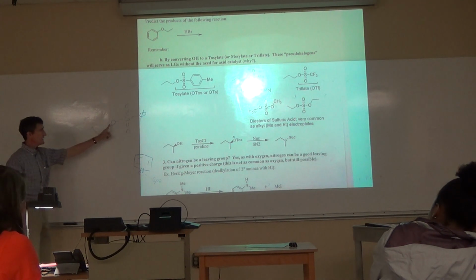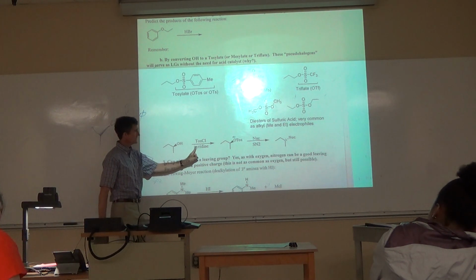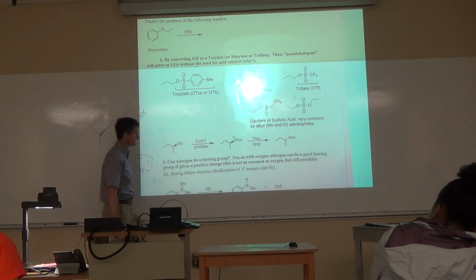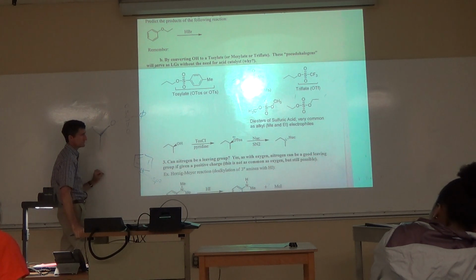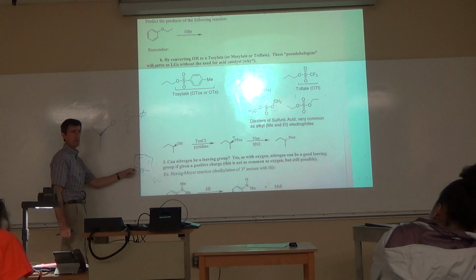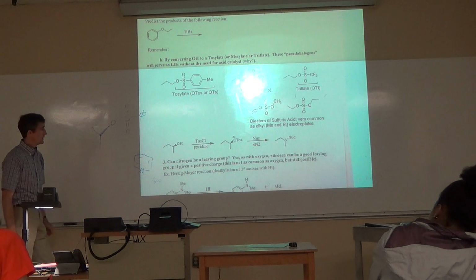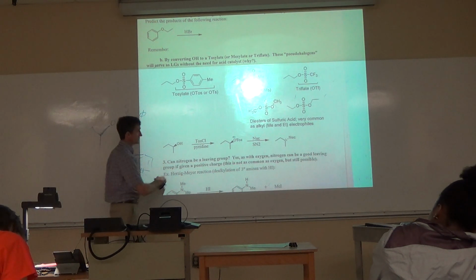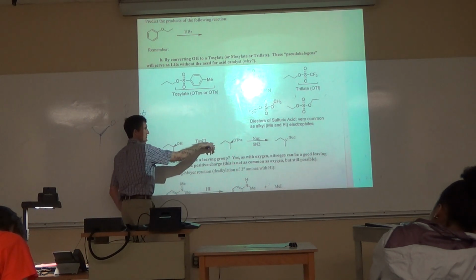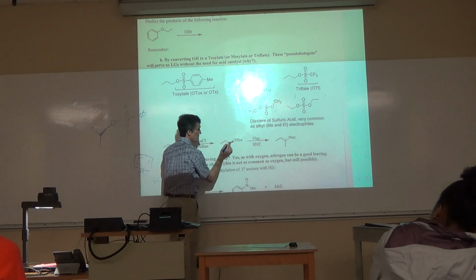Well, we also lose an H to go neutral. If you balance this out, we're going to form HCl. Pyridine is there to react with the HCl. A lot of times you don't want to generate strong acid in a reaction. You include pyridine to react with the HCl to have everything be more towards neutral pH. So this is just a substitution reaction, and that's how you get the oxygen bond to the tosylate group.